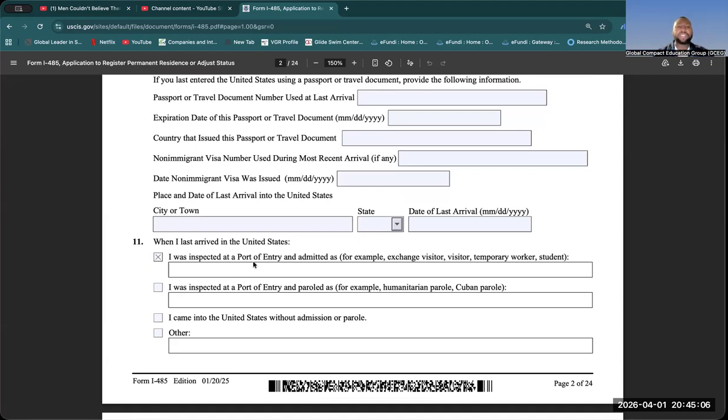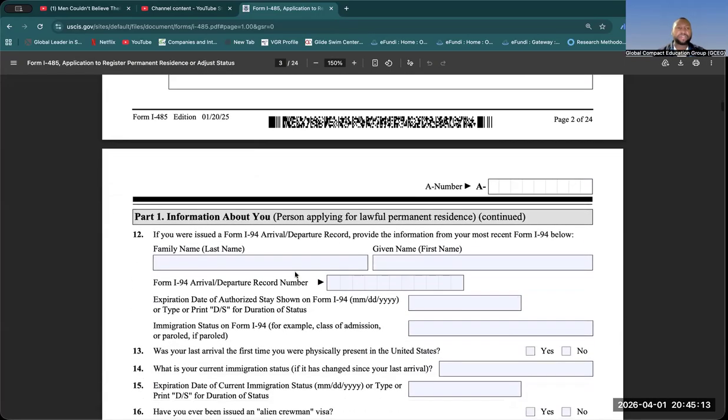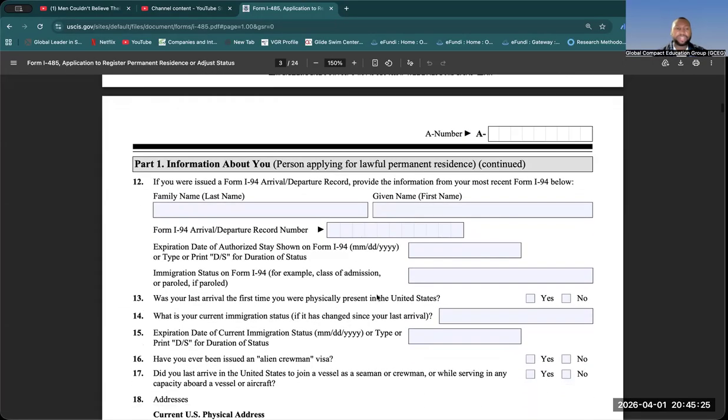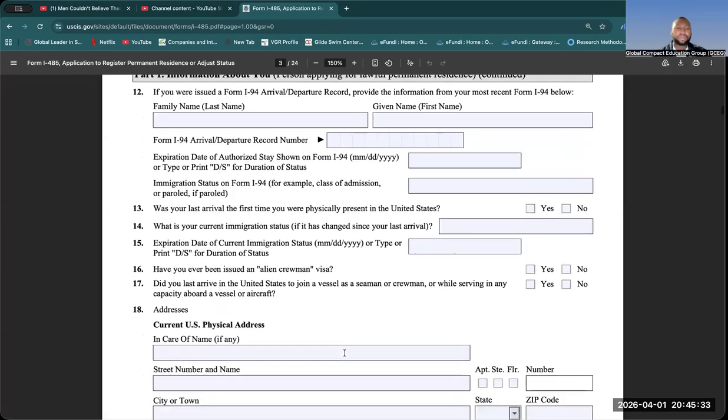I was inspected at the port of entry. Most of you get that inspection done. Then, if you were issued a Form I-94, provide the information from your most recent form below. Then you put all the details there, and you complete information that's on your I-94.